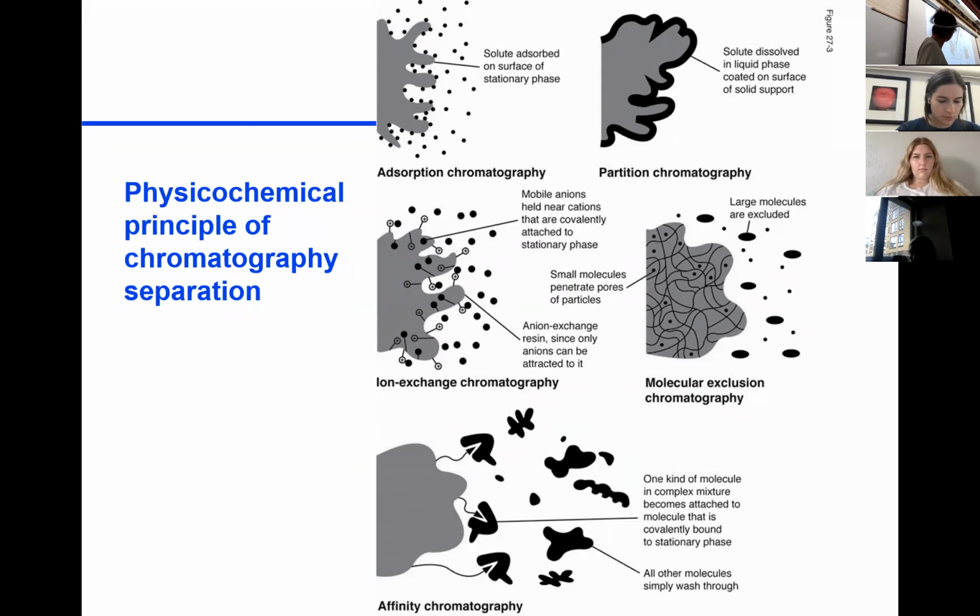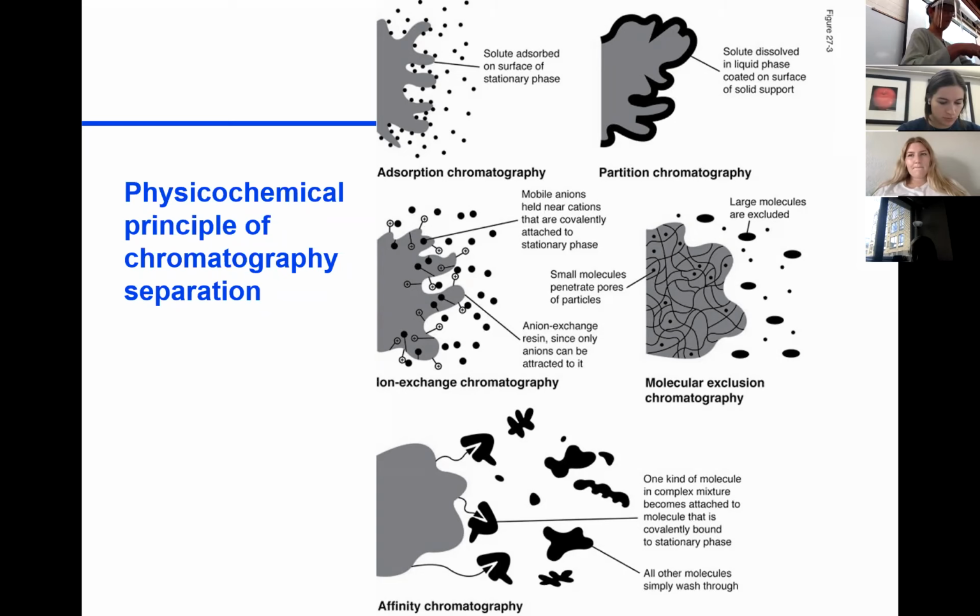All right, so in adsorptive chromatography, that is ion exchange, you can see the example here. You have a functional group that is positively charged on your solid stationary phase. That means your compounds that are negatively charged will be attracted to it.